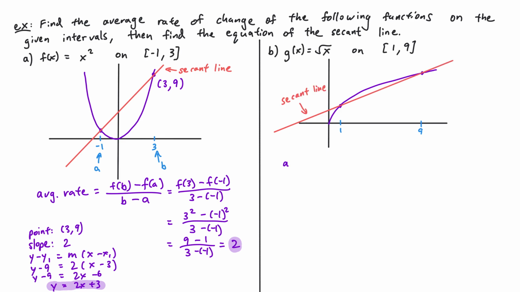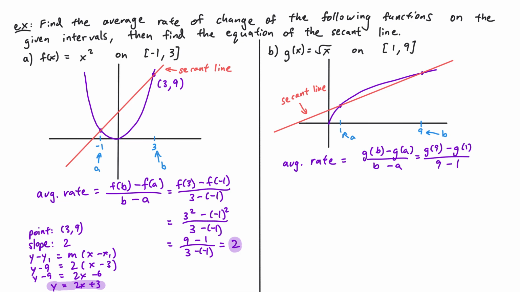According to our formula, our average rate is going to be g of b minus g of a divided by b minus a, where a and b are the endpoints of our interval. So in this case, our a is 1 and our b is 9. So we're looking at g of 9 minus g of 1 divided by 9 minus 1.